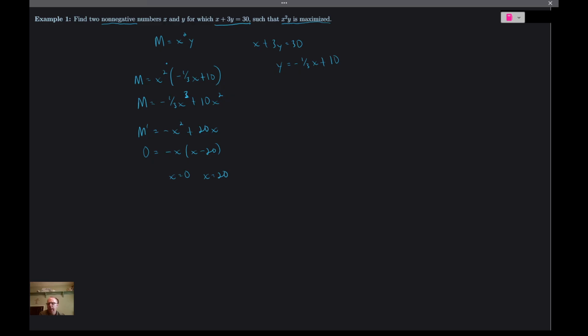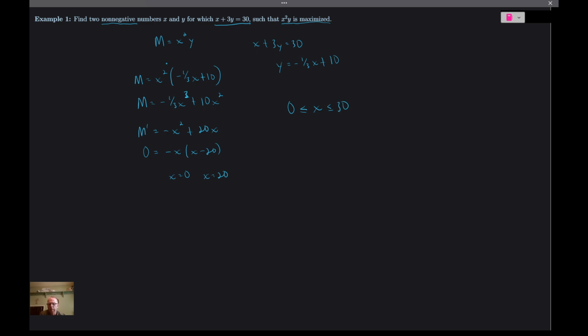So that means that x cannot be less than 0. It could be equal to 0 because 0 is non-negative. But it also cannot be more than 30 because y is non-negative. So the best that we could do with y is make it 0, but then x cannot be greater than 30. So x is always going to be between 0 and 30.